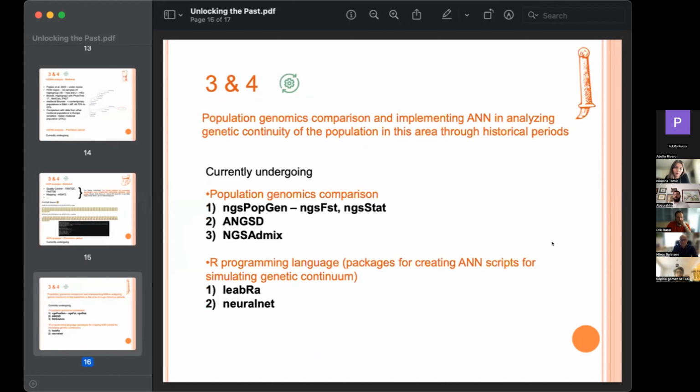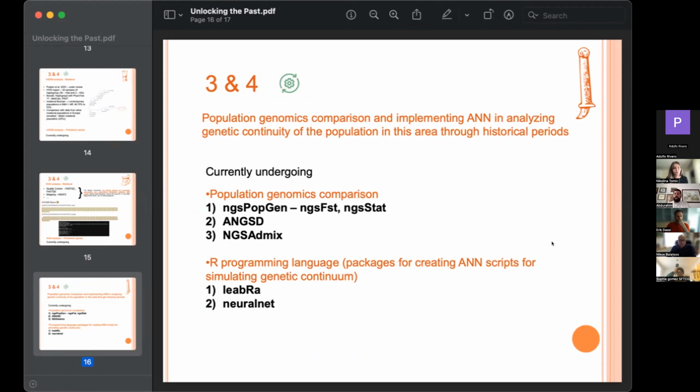And finally, population genomics and comparison. We'll be utilizing different kinds of softwares in that context. In the context of population genomics comparison, we will be using NGSpopGen, that is again freely available software that is being used for measuring heterogeneity of certain population.